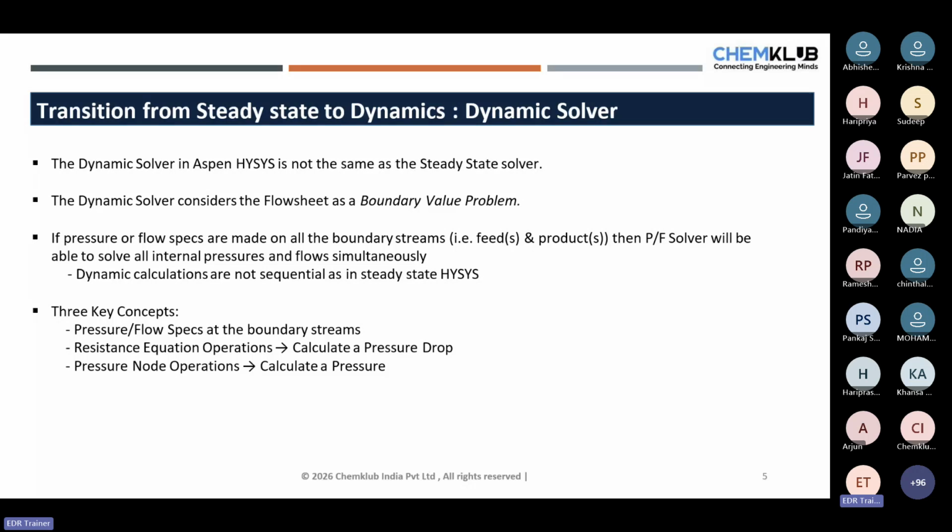So a very important industry rule is: no pressure drop means no flow. Flow always occurs because of the pressure difference, and this is the most common mistake engineers make during transition to dynamics. So this has to be always kept in mind, that when it comes to dynamics, there should be some pressure drop and there should be some volume provided to all those unit operations or the equipment which are there within that node.